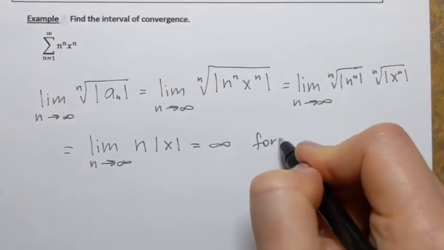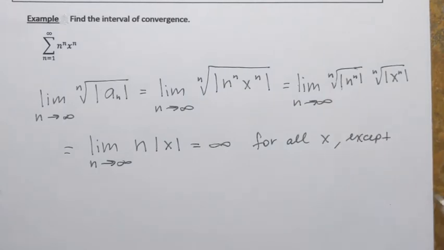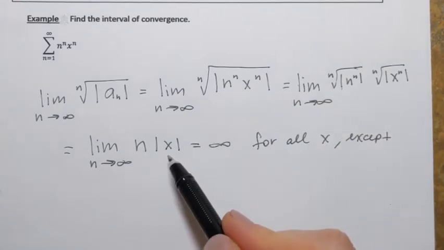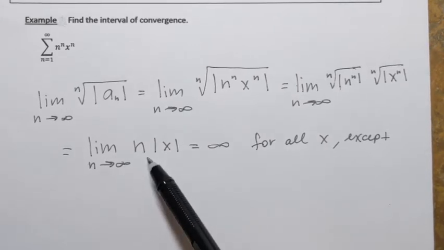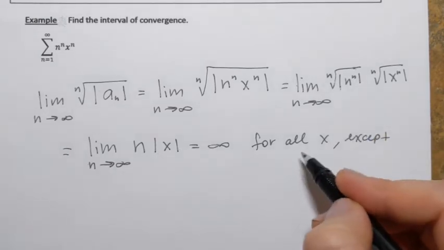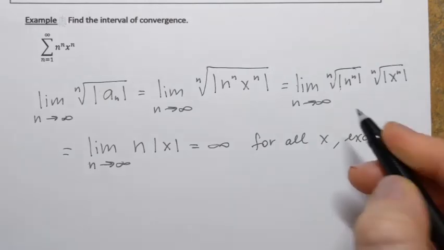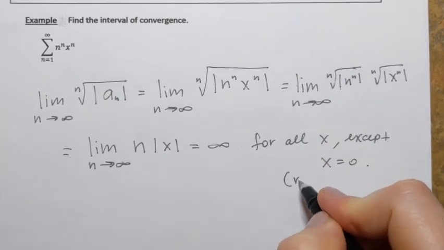So for all x except, what value is this? Well, what happens when x equals 0? When x equals 0, we get infinity times 0, and that is an undefined operation. So we'll say infinity for all x except x equals 0, when the result is undefined.